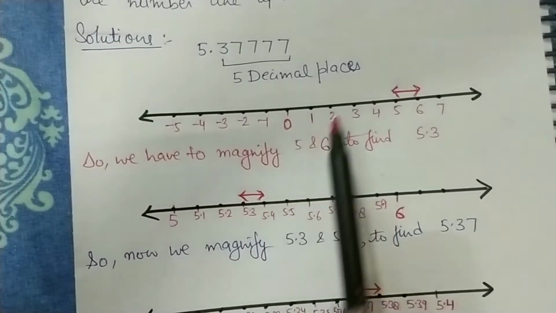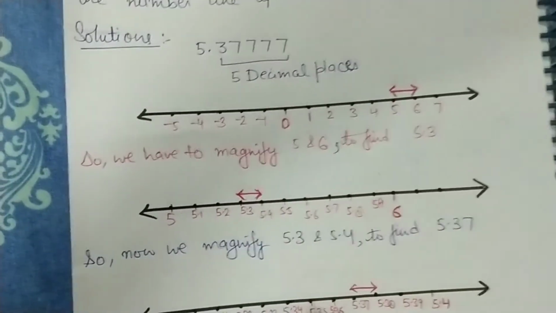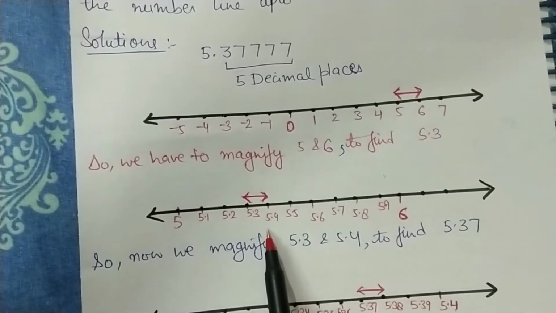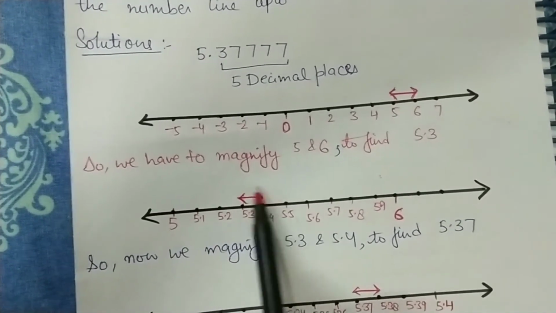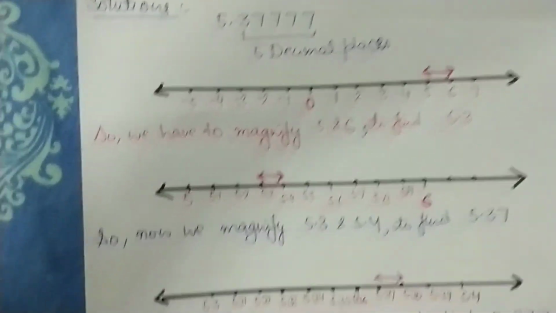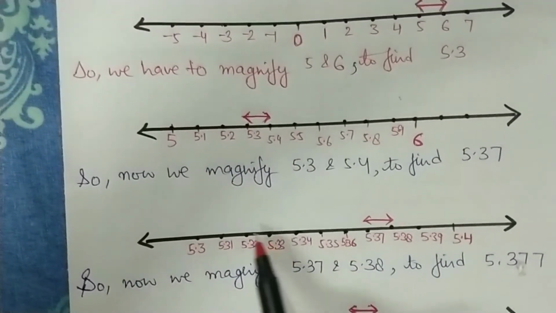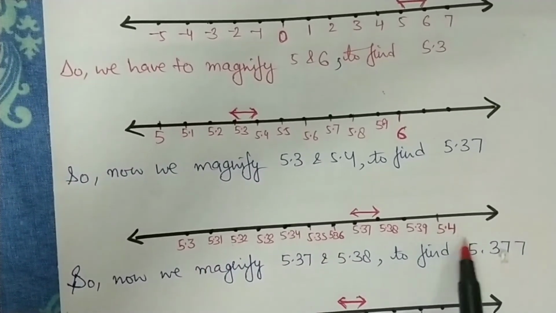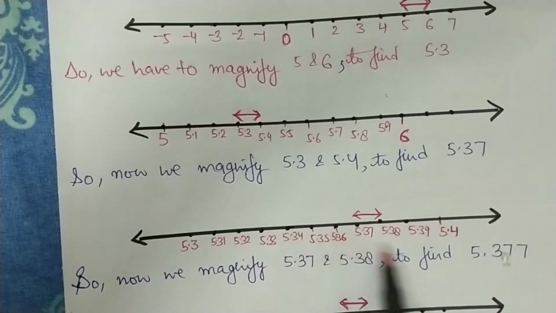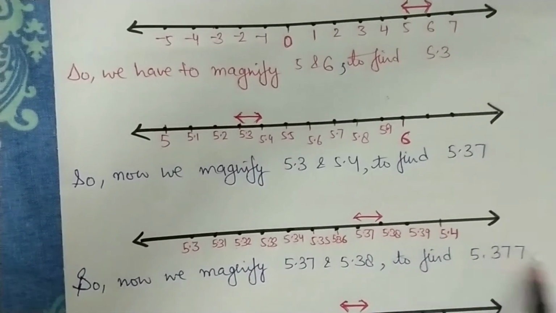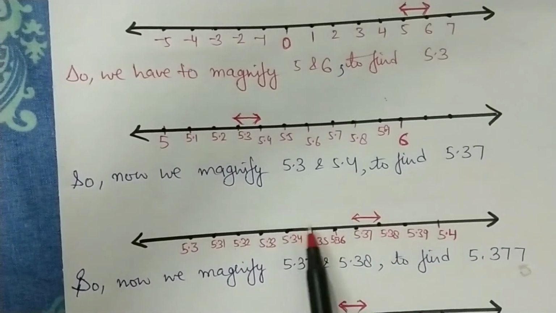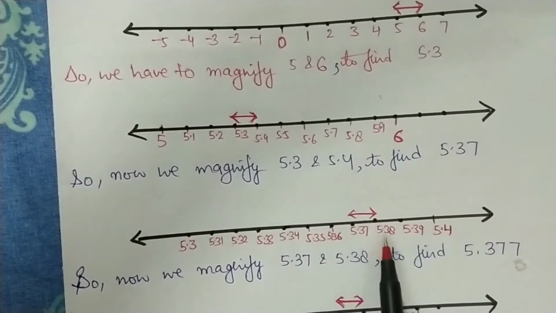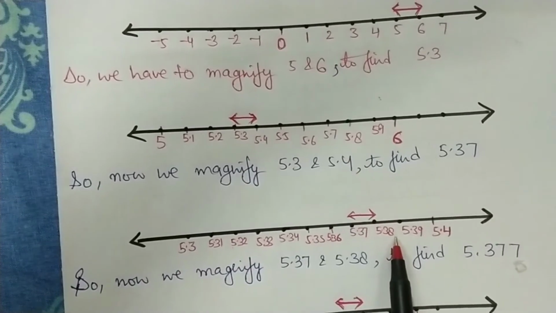So 5.377 will lie in between 5.3 and 5.4. Now we have to magnify this. Again, we make that number line from 5.3 till 5.4. We magnify in order to get 5.377. This is going to lie in between 5.37 and 5.38.